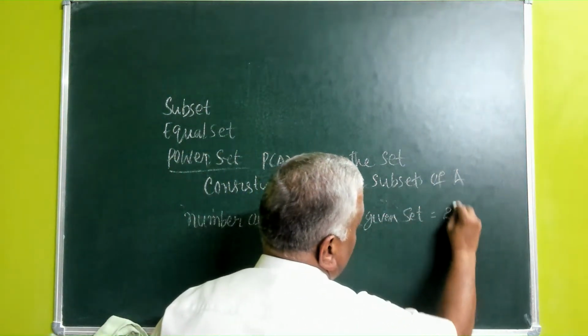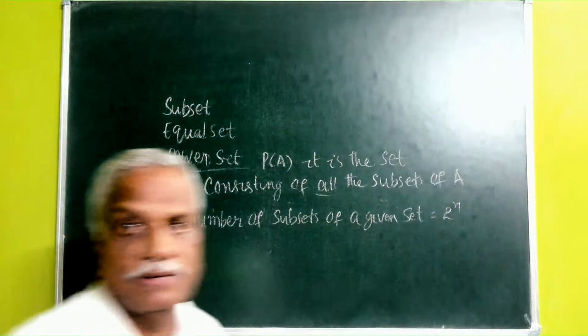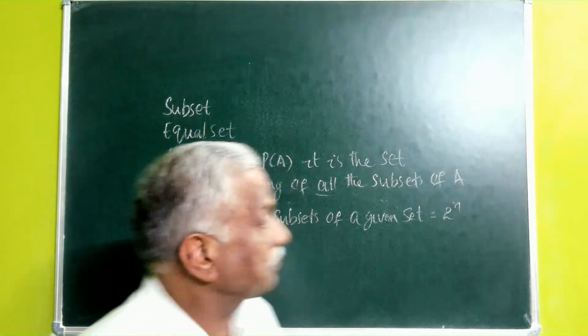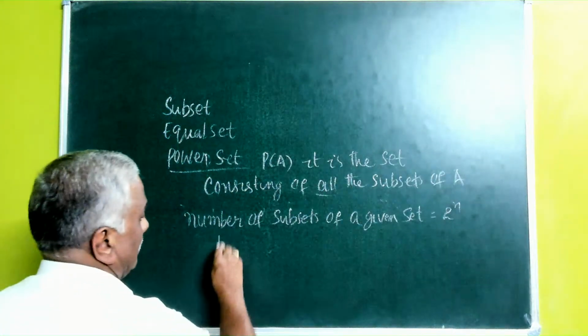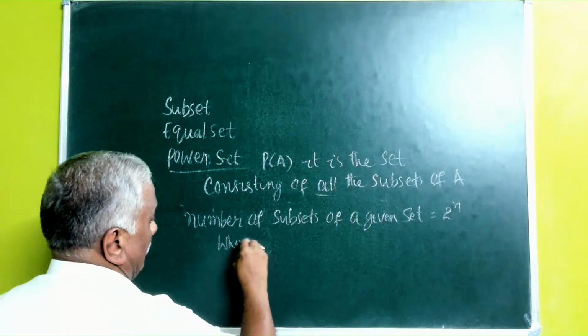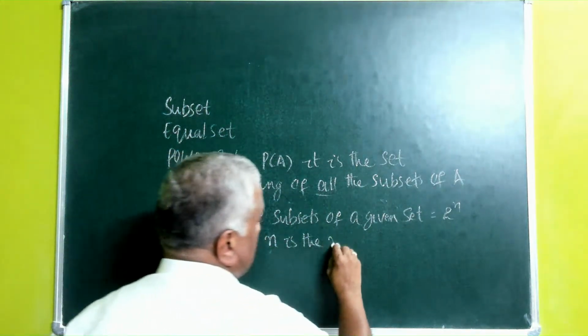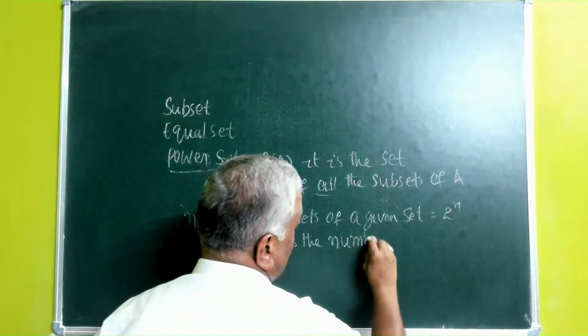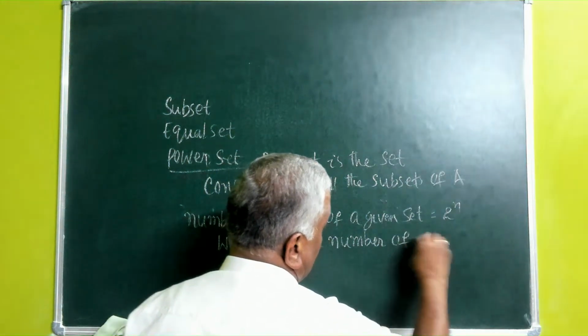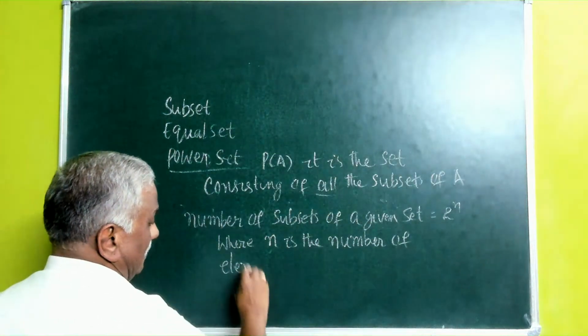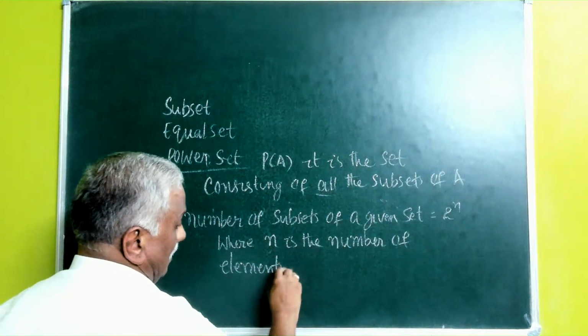It is 2 to the power of n. You are familiar with this formula, but I am just discussing it, where n is the number of elements in the set.